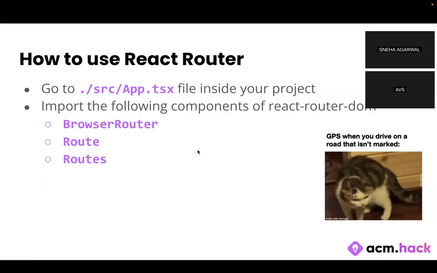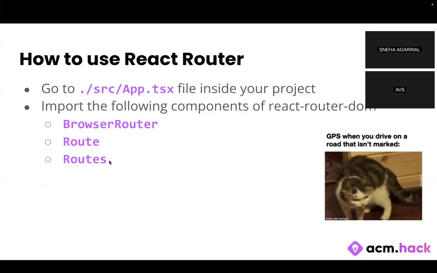BrowserRouter is what we use to wrap all of our components together, like all of our Routes and Route components inside of it. It's just an easy component to use in what you normally use for web development because it works well with your browser.